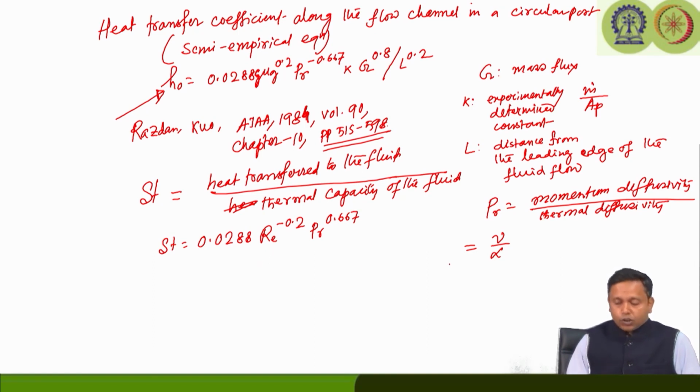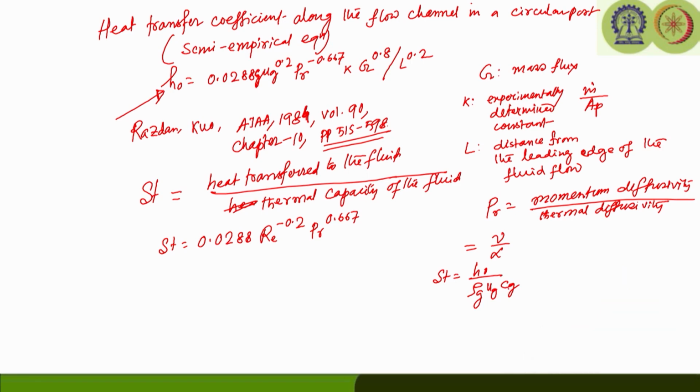If we want to express these numbers, we have to involve the physical properties of the fluids in the boundary layer. On many occasions the Stanton number will come as H0 by rho g u g into C g. As I said, it is the heat transfer to the fluid, so the heat transfer coefficient divided by rho g u g into C g. It relates the heat transfer to the fluid to the thermal capacity of the fluid, denoted by the C g part here.